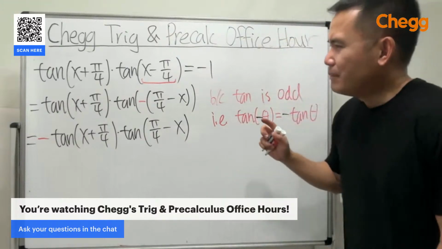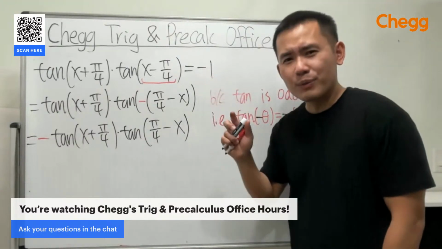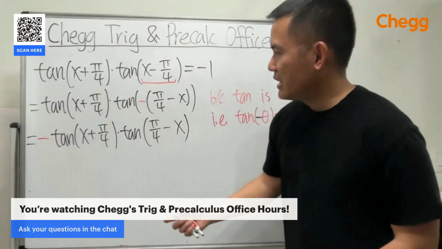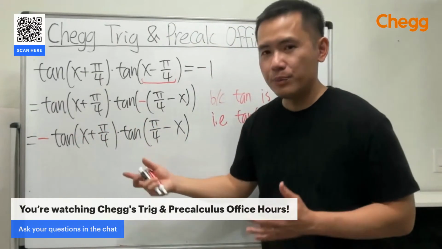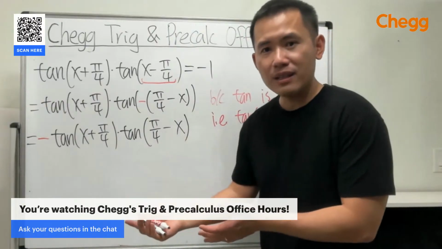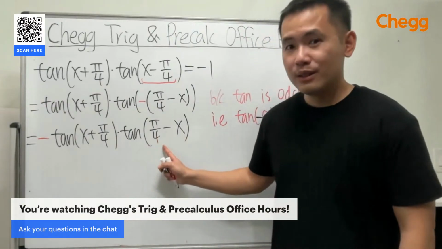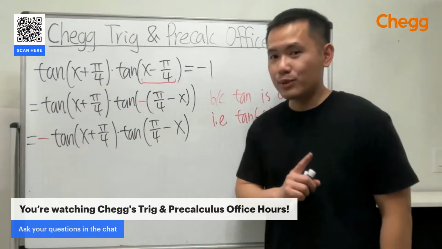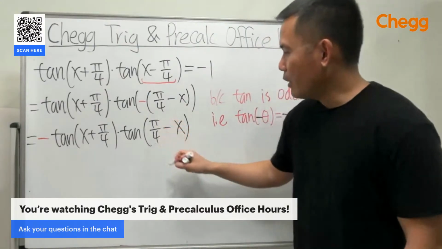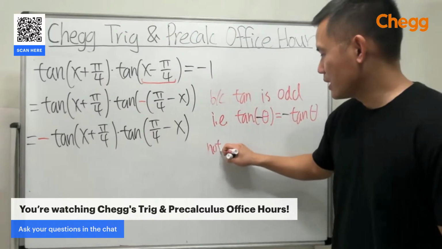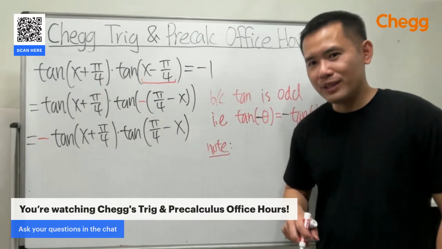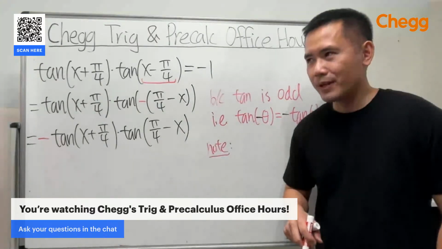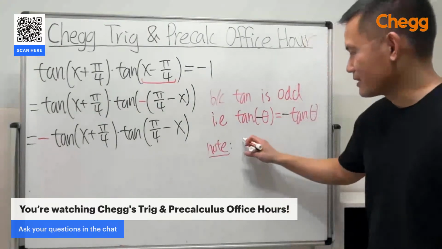Now, I'm going to use this for a little bit, because the only way that two things multiply and you get 1 is if one of them is the reciprocal of the other, right? Pi over 4, I'm going to make another note. Pi over 4 can be looked at as, hold on, let me write it down like this.